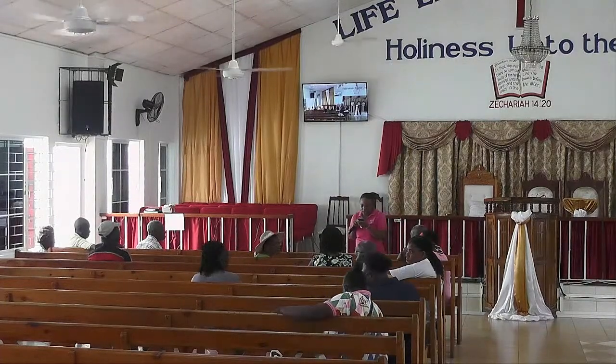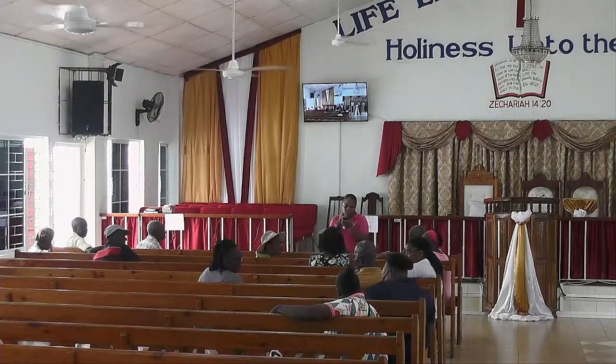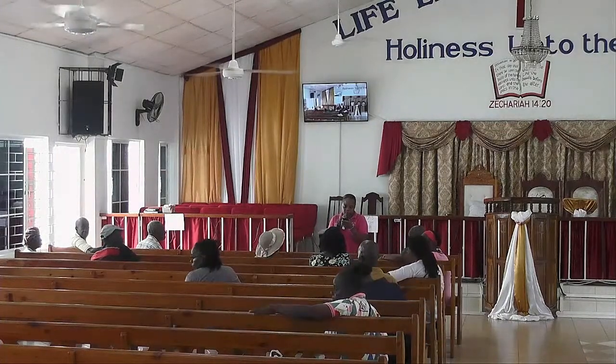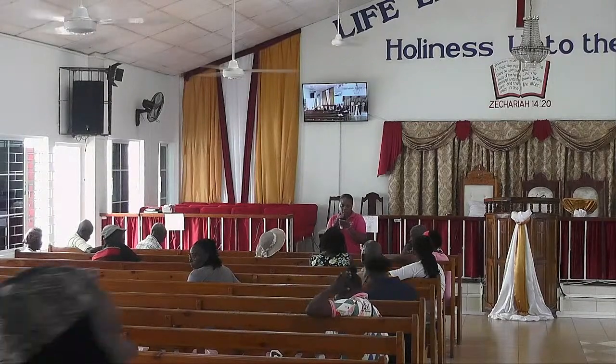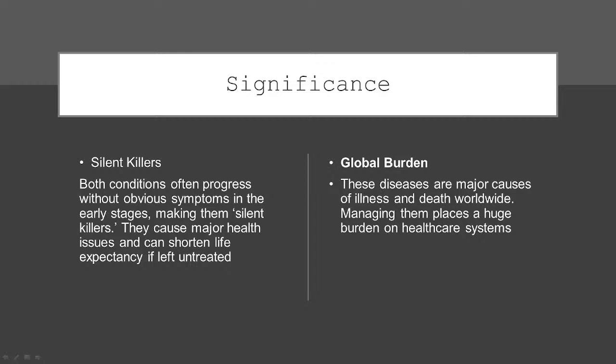So the significance of hypertension: the silent killers. Both conditions often progress without obvious symptoms in the early stages, making them silent killers. They cause major health issues and can shorten life expectancy if left untreated.